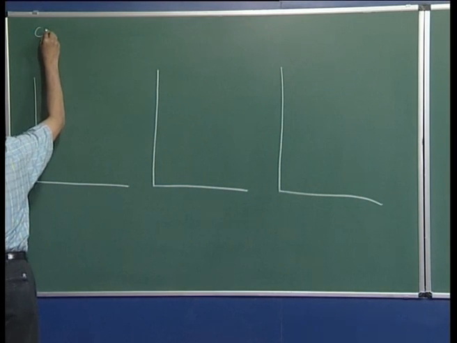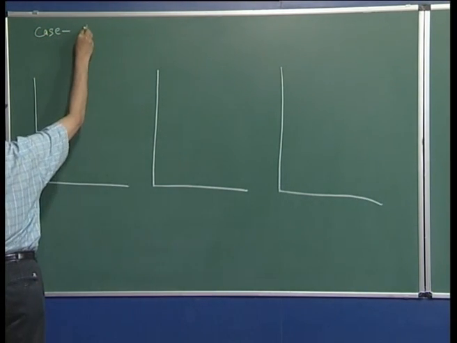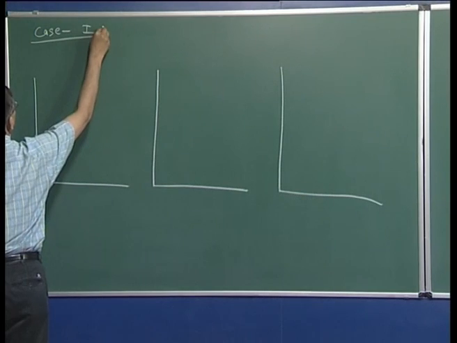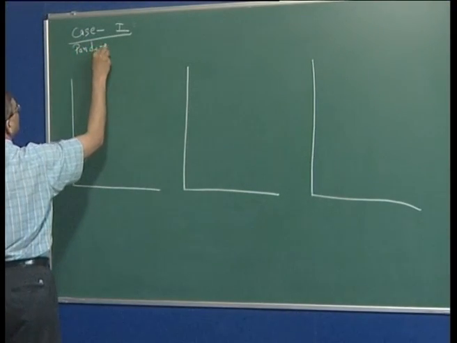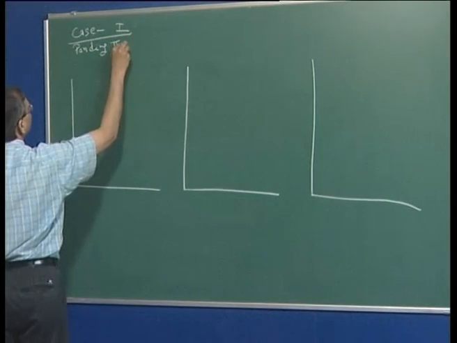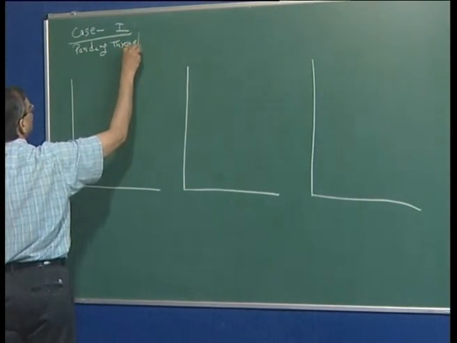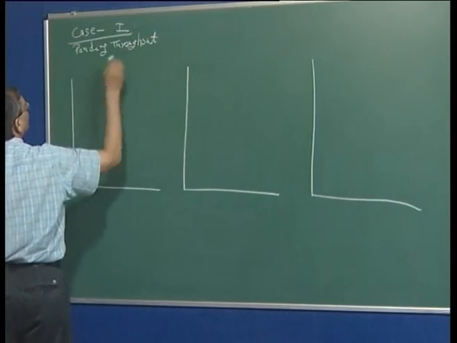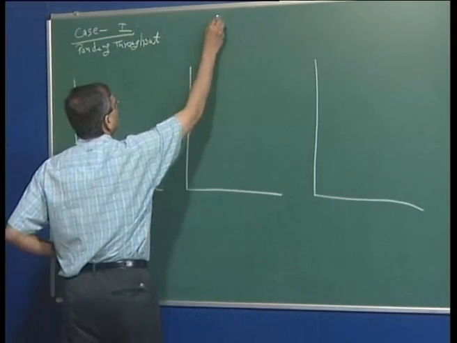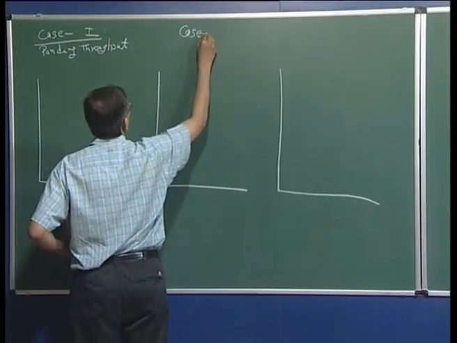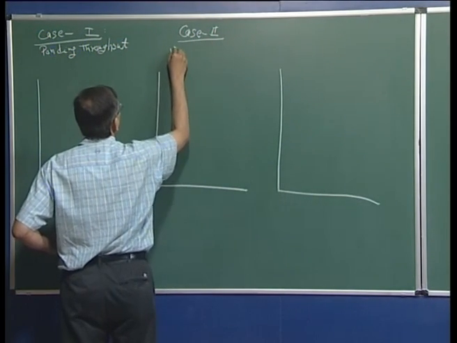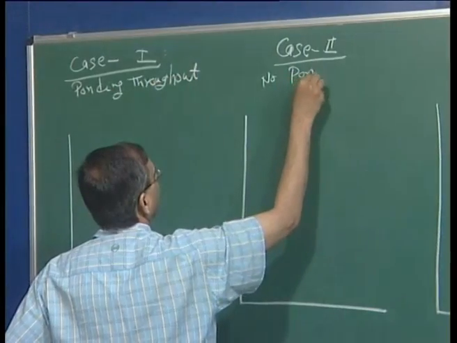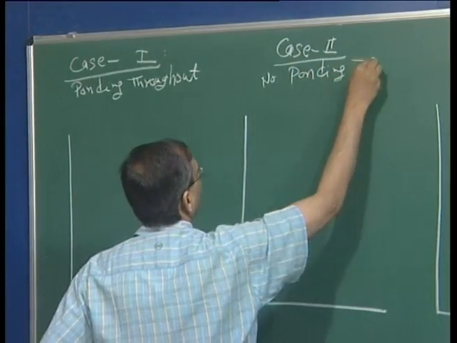First, we will look at case 1, which is ponding throughout. Case 2 is no ponding throughout.